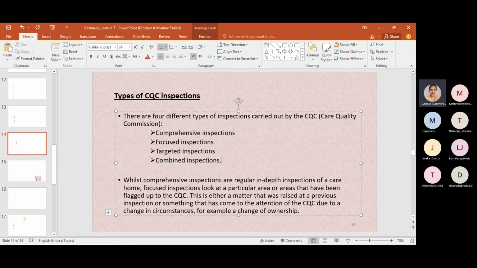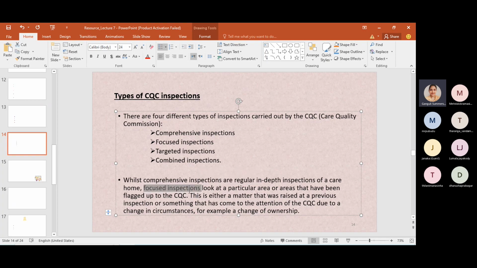Okay, so a comprehensive inspection is an in-depth inspection. In comprehensive inspections, you are inspecting things in detail. Focused inspection is somewhat different from comprehensive inspections.